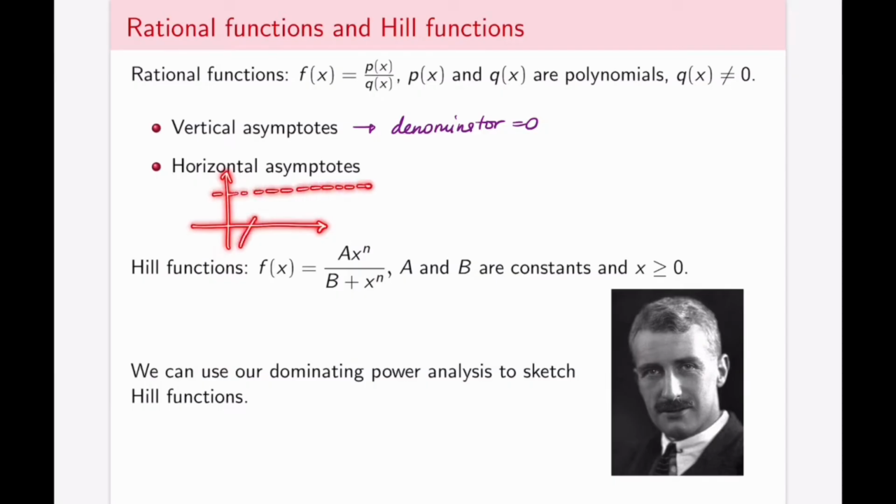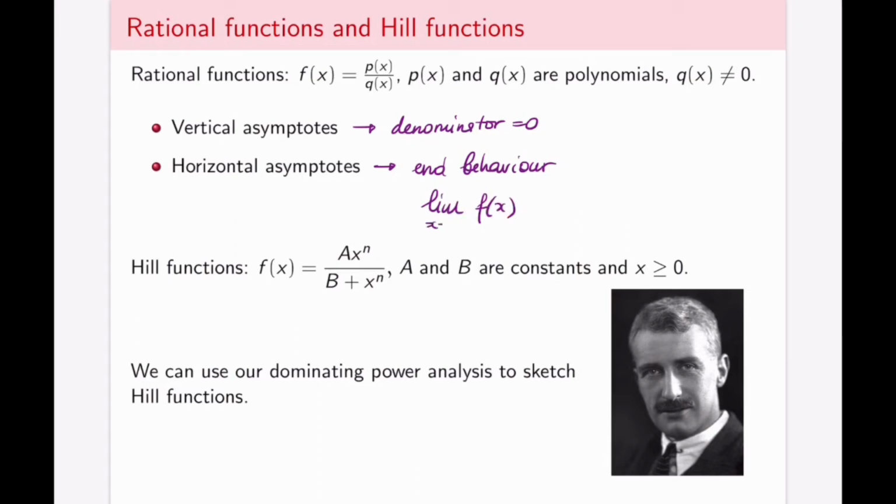Rather, a horizontal asymptote is a value that the function approaches as the x values become larger and larger in either the positive or the negative direction, which means that for horizontal asymptotes, we're going to look at the end behavior of the function and take the limit of our function as x goes to positive or negative infinity.